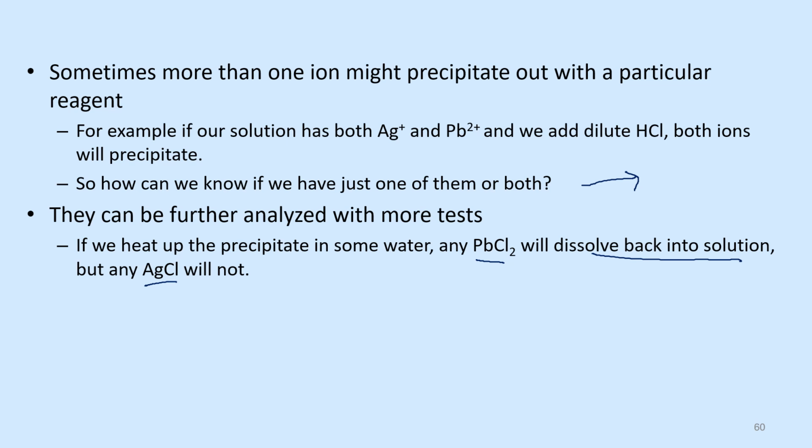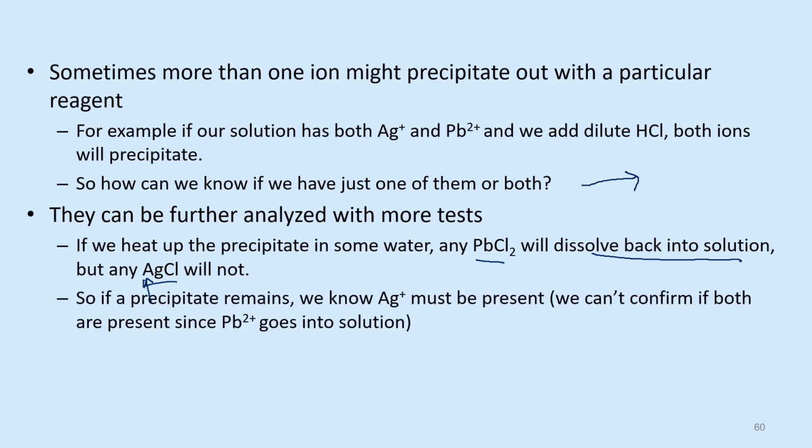If your precipitate stays, even after you heat it, then you know you have some silver present. Now, it's hard to tell if you have both, because of course if all of the precipitate dissolves, then that tells you you probably only have lead. But if you can't tell how much precipitate you have and you still have precipitate left after you heat it up, you know you have silver, but you might also possibly have lead.